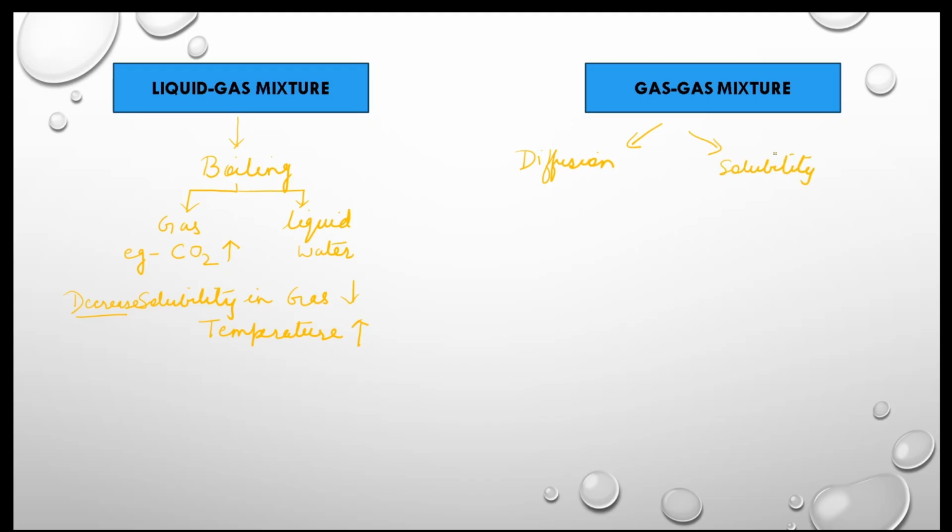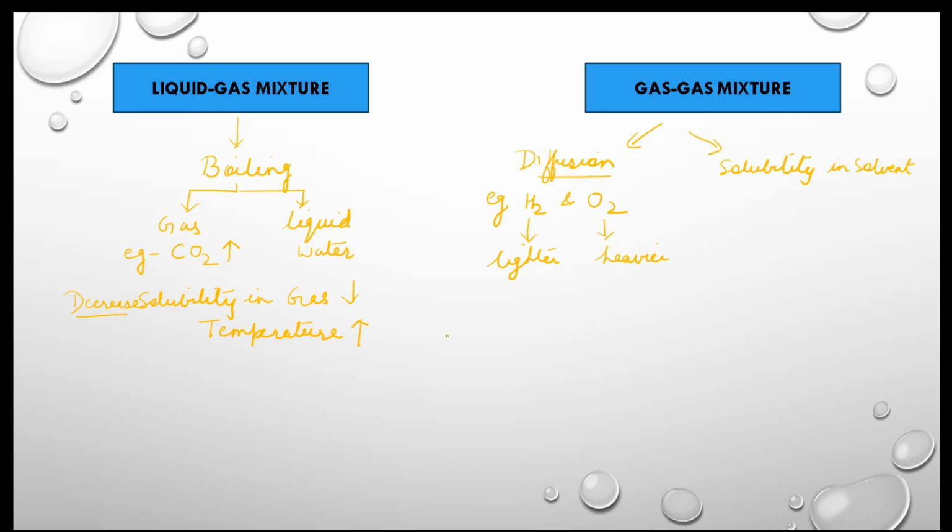Let's understand what these two methods help in. Firstly, when we are talking about diffusion, it is based on the concept of how denser or lighter a gas is. We are taking the example of two gases, hydrogen and oxygen. Now we all know that hydrogen gas is lighter as compared to oxygen gas, and oxygen gas is heavier as compared to hydrogen gas.